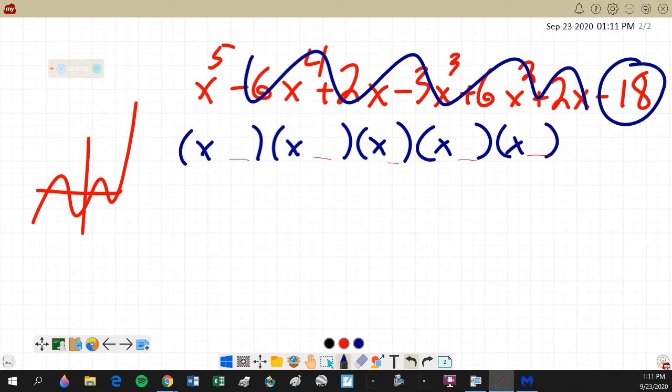So that's a good question. Does the negative come into play? And the answer is yes, but it's more complicated than that because they could all be negative, or one of them can be negative and 4 could be positive, or 3 could be negative and 2 could be positive. And we're only scratching the surface here.